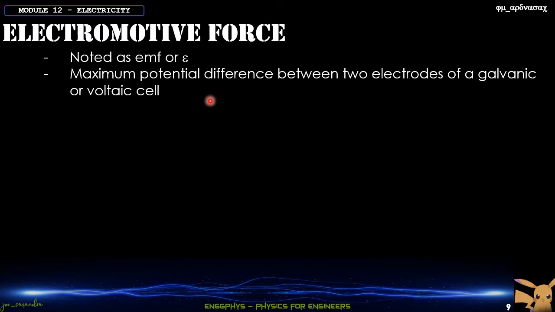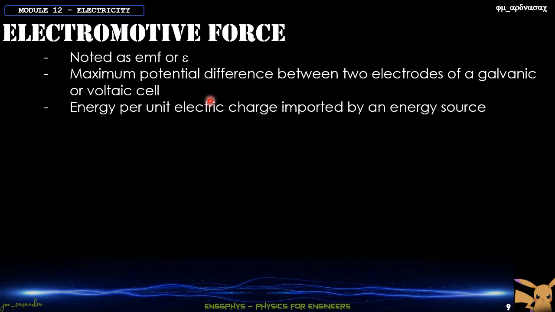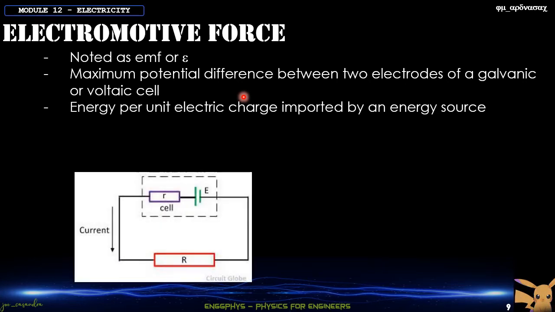So, when we say galvanic or voltaic cell, pinaka-example natin dyan is yung battery cell ninyo, yung mga AA, AAA na batteries. Okay? So, this is now defined as the energy per unit electric charge that is imparted by an energy source or by an electrical source.